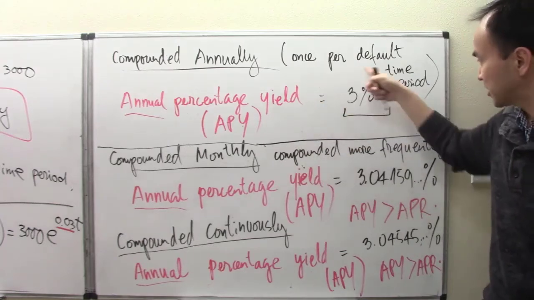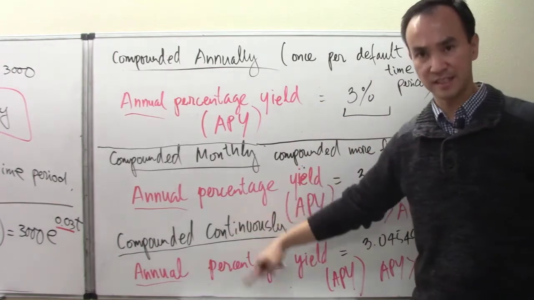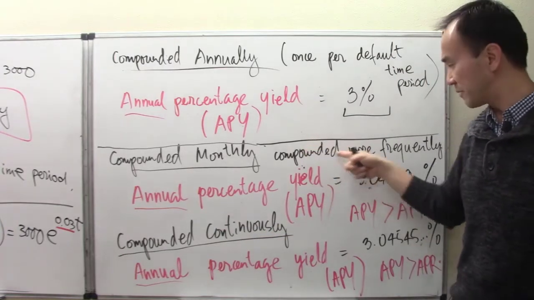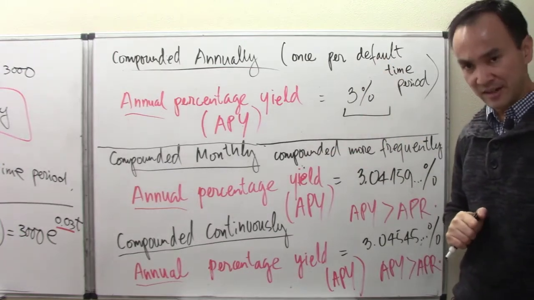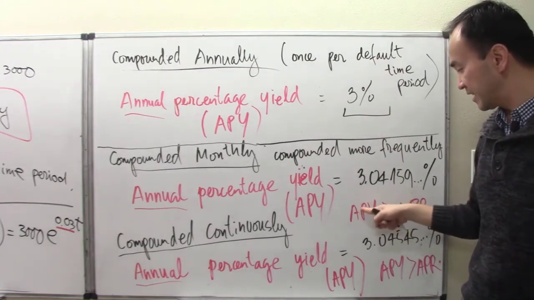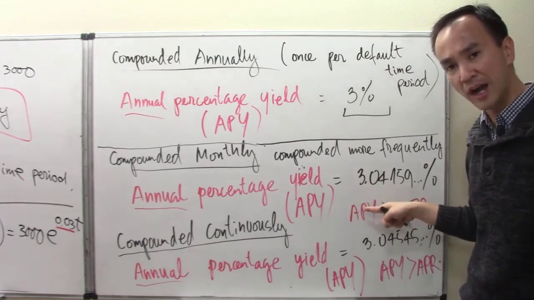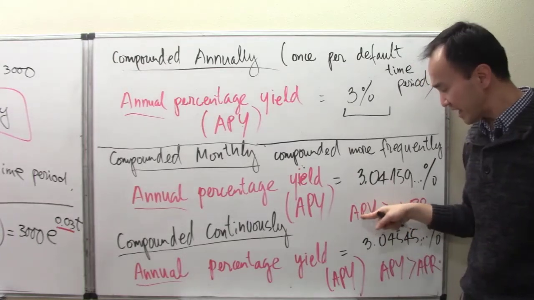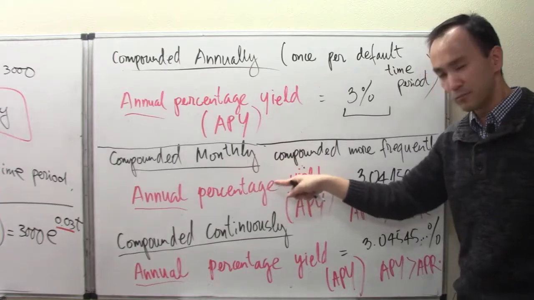Because of that, there's an effect that came out consequently, and it led to the fact that the APY became higher than the APR. Once again, APY in this particular problem is referred to as annual percentage yield.